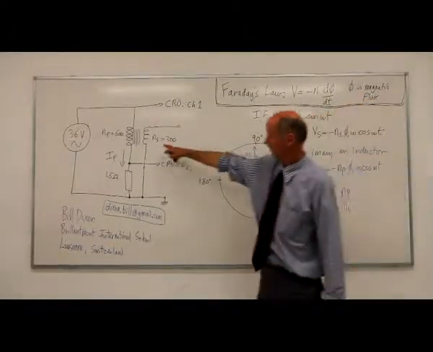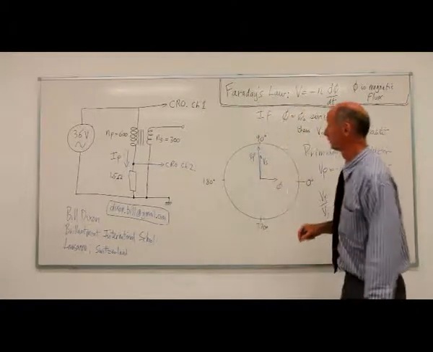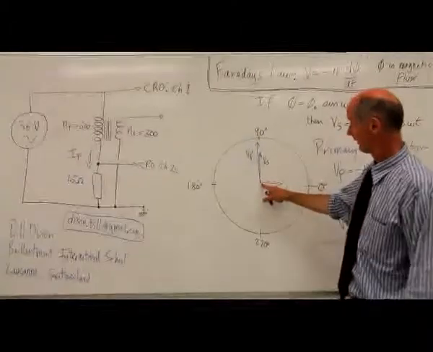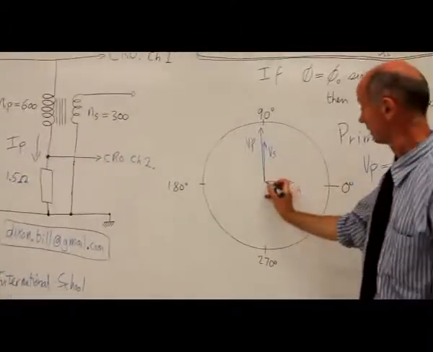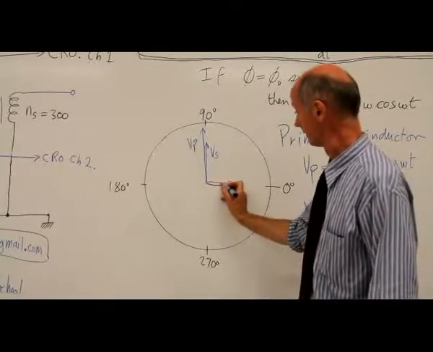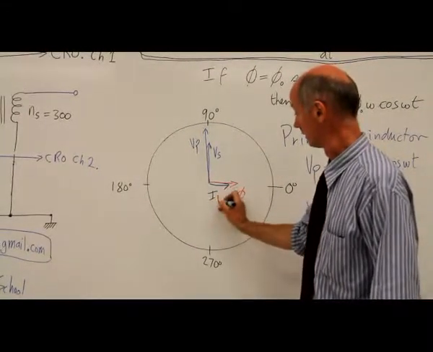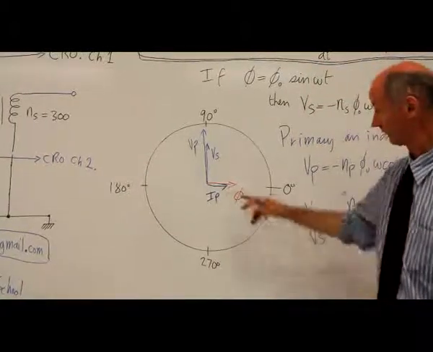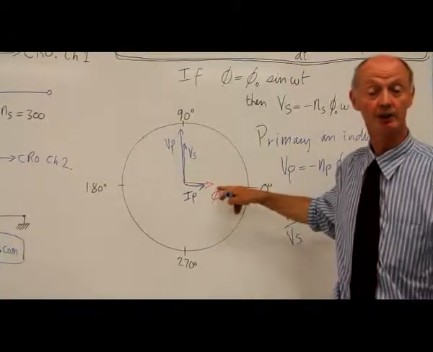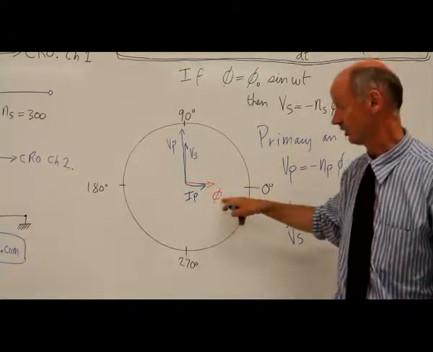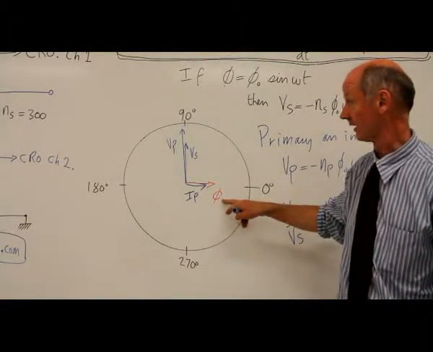With no load connected, and that's very important, the current in the primary is out of phase with the voltage in the primary. And in fact, the current in the primary is in phase, almost by definition, with the flux phi.